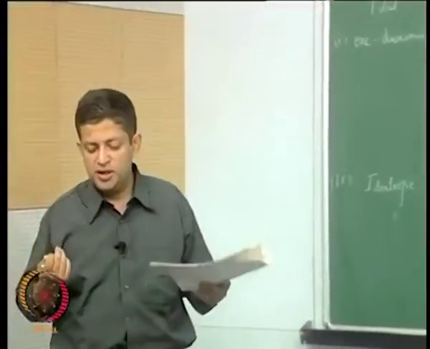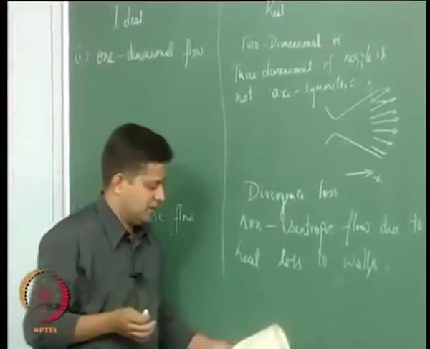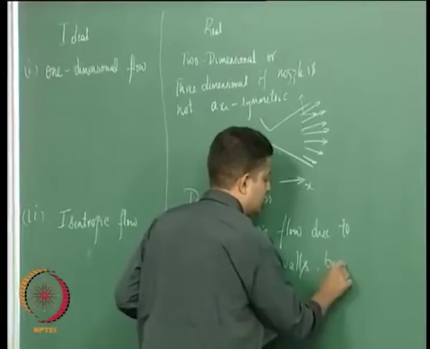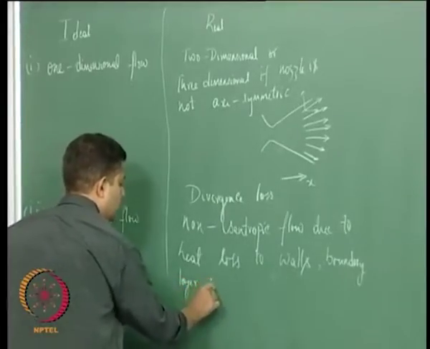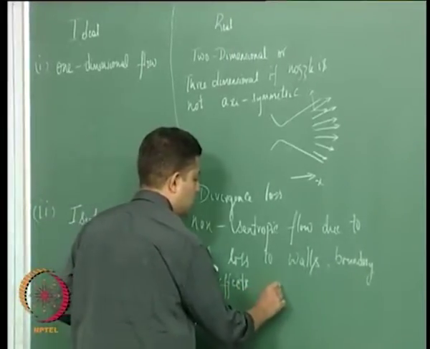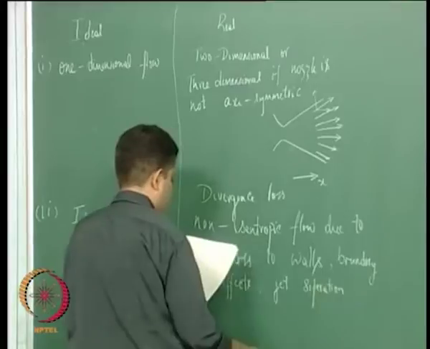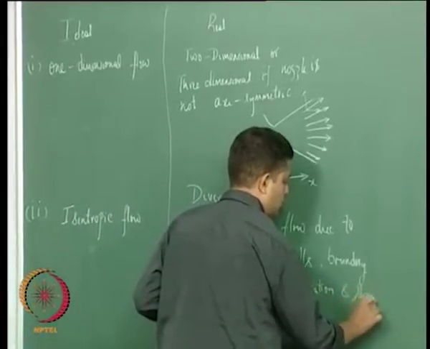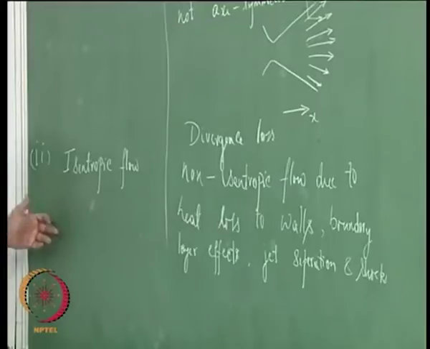And because there is a boundary layer, the effects of the boundary layer will make the flow again non-isentropic, and jet separation and shocks are something that are going to make it again non-isentropic. So, this is going to be the second deviation.